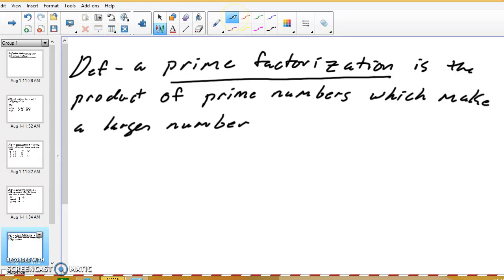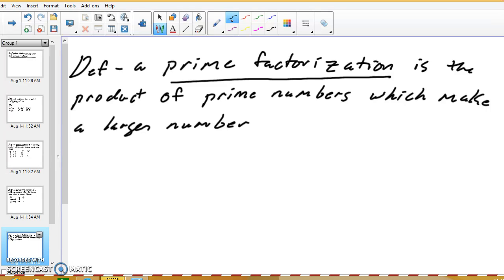So why do we want to know the difference between prime numbers and composite numbers? Well, it's so that we can find our prime factorization. And now this is kind of an important concept. So a prime factorization is the product of prime numbers which make a larger number. So the idea here is every single number there is can be broken down into a set of prime numbers, and that set of prime numbers is the prime factorization, and this is true for any number.